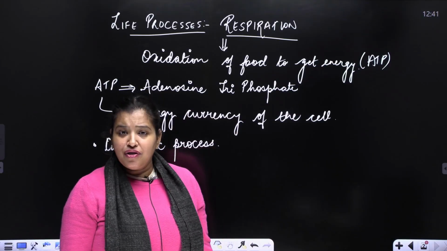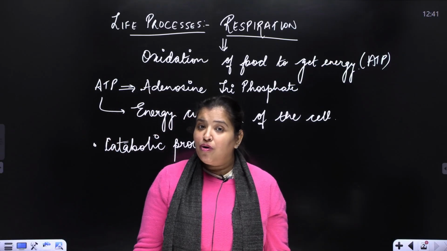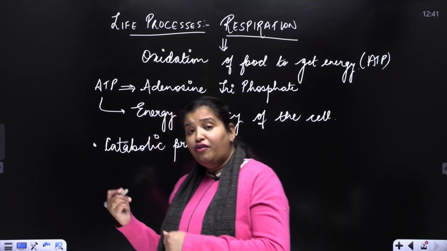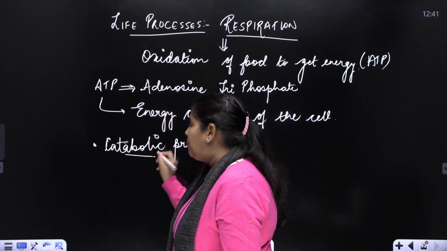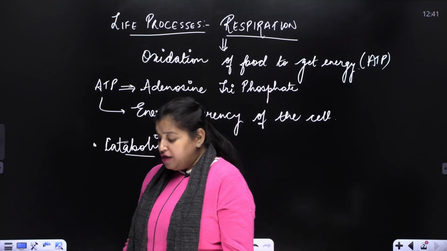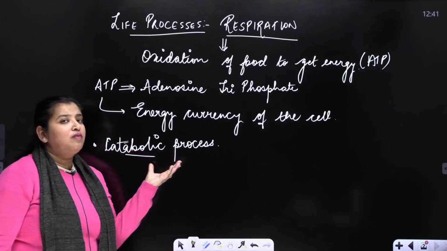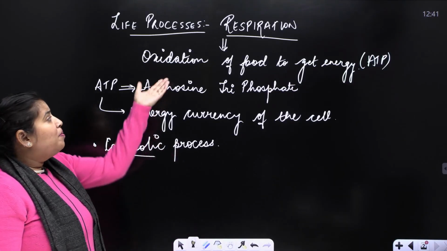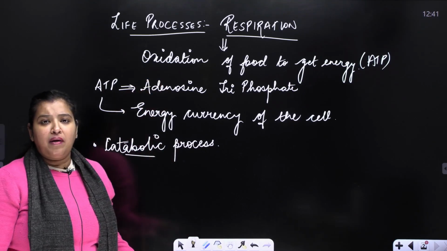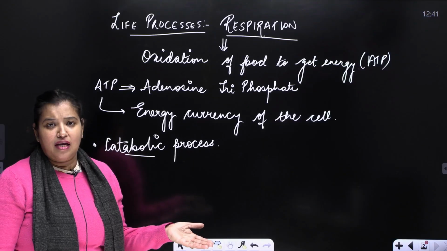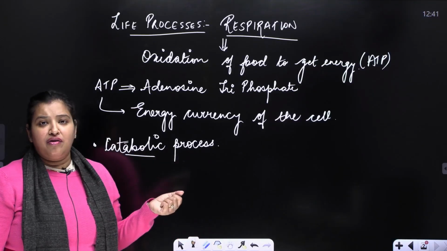I would request you to please go through that video also to clear all your fundamental doubts about the catabolic process. Just as a one-liner, a catabolic process is a process where breakdown of things, breakdown of substances, is taking place. So that is a catabolic reaction.